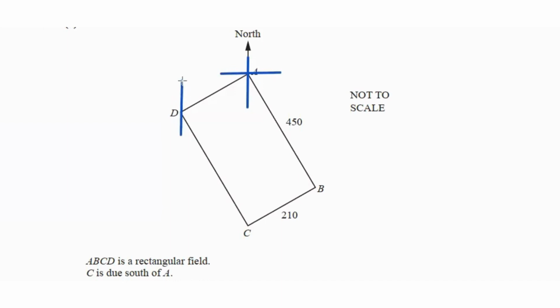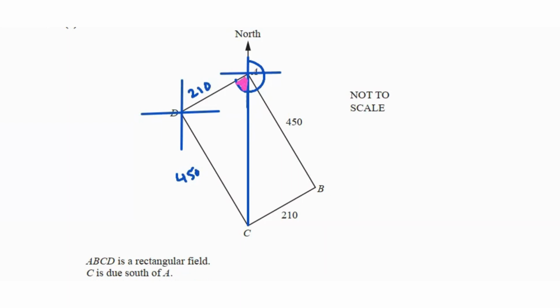This is A. This is D. So the bearing of D from A is all of this, which means we need to find this angle over here, this small angle. So if we draw a line from here to here, we know this is 450 and we know this is 210. And I want to find this angle.